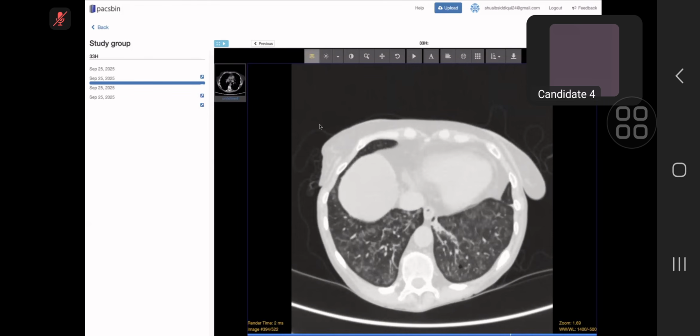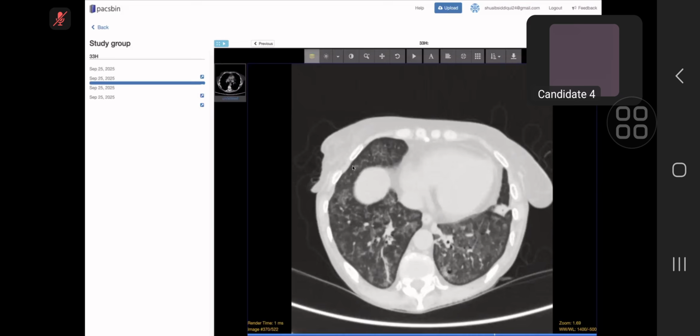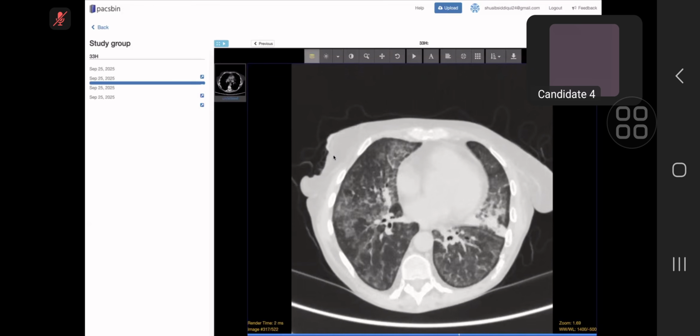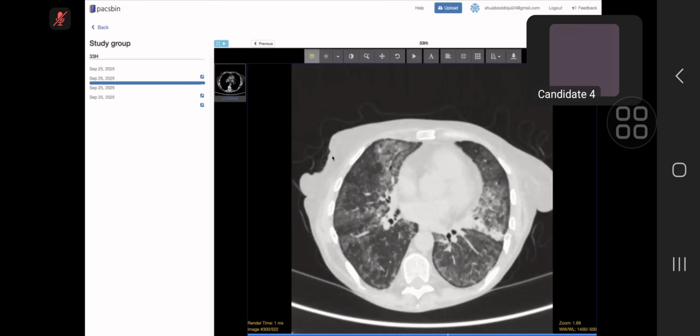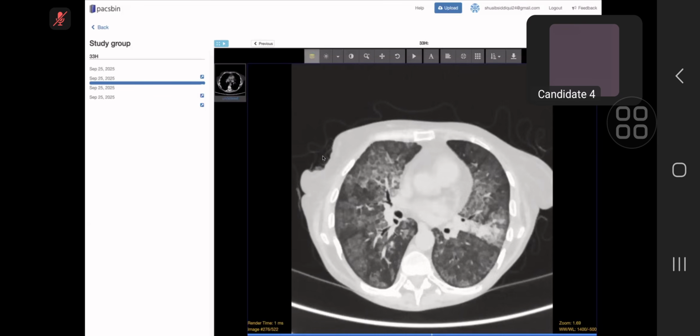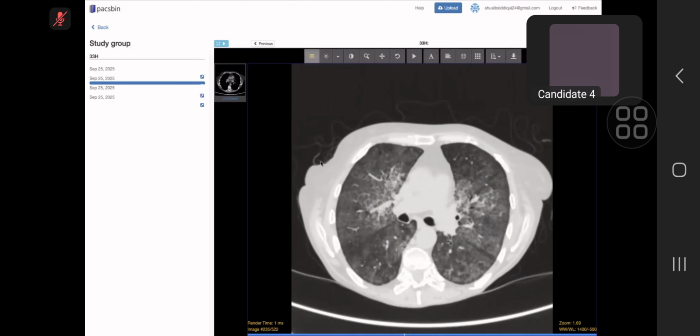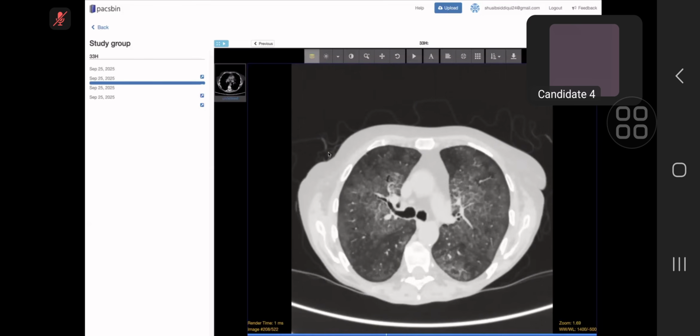Along with the ground glass opacification, there is some intralobular as well as interlobular septal thickening, seen predominantly in the middle lobe, the lingular segment, and also in the upper lobes. The cardiac size does not appear to be enlarged.